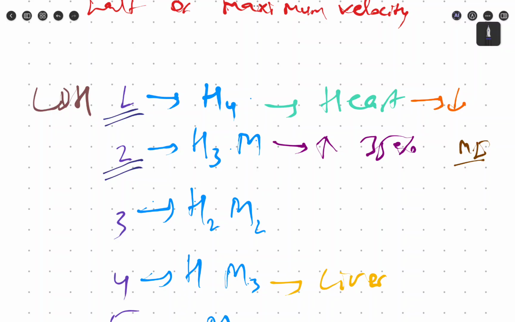Currently in a normal individual, type 2 is more, but in a person who has a heart attack or heart related problem, the H4 will be increased more than H3M. All right, so I hope I could make this clear.